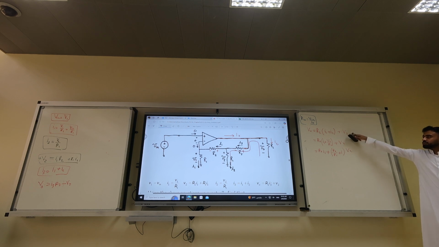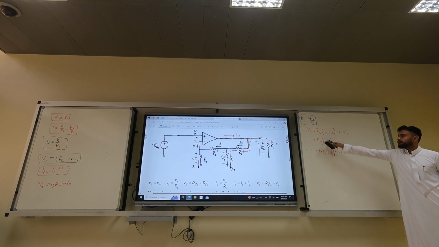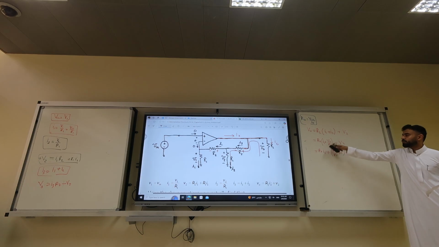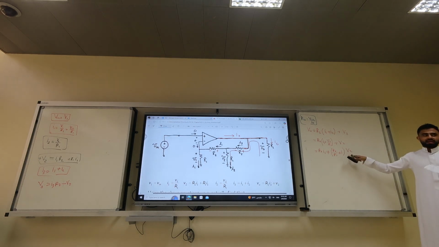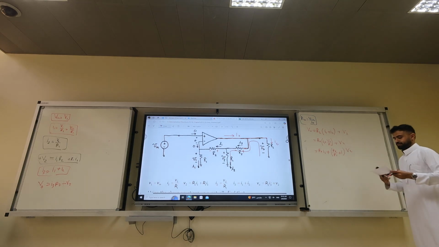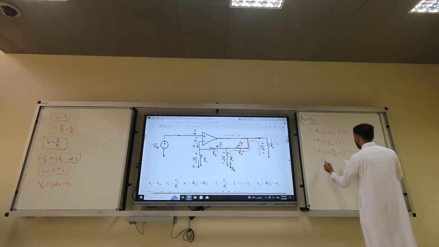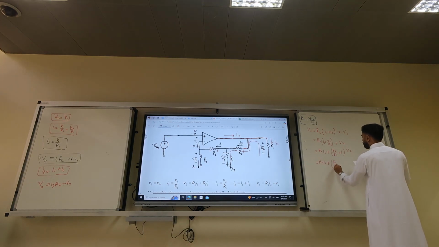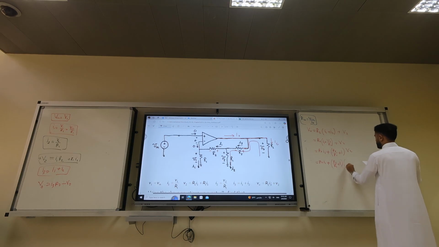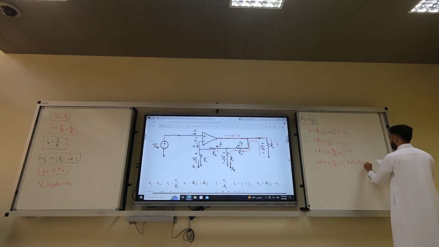So I kept V2. I want I2 as a function of V2. I took a common factor, R2 over R1 plus 1. That was the not obvious trick. Then everything should fall through, which is equal to R2 I1 plus R2 over R1 plus 1 times R2 I1 plus R1 I1.